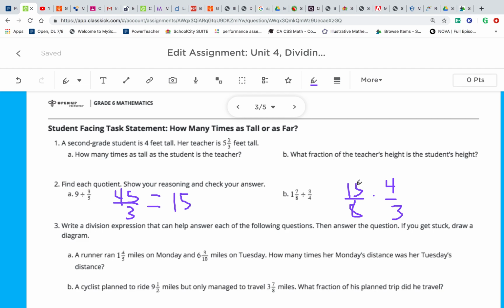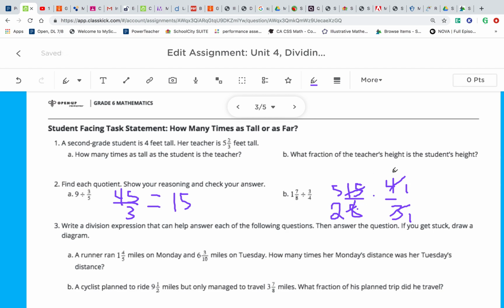Now let's see if we can cross cancel. As it turns out, yes we can. 15 and 3, like 15 over 3, is really the same thing as 5 over 1. And then here, 4 over 8 is the same thing as 1 over 2.